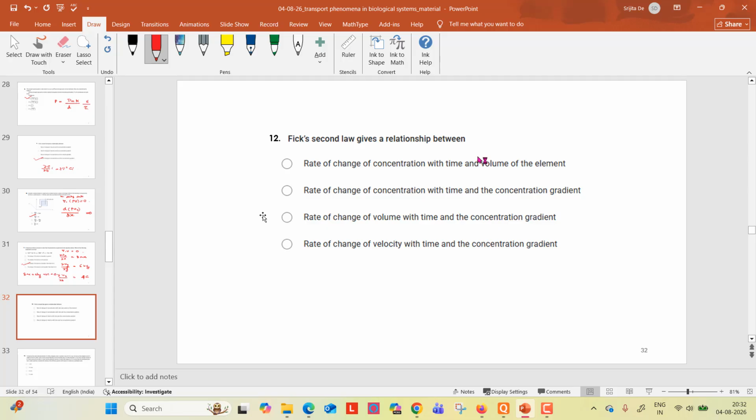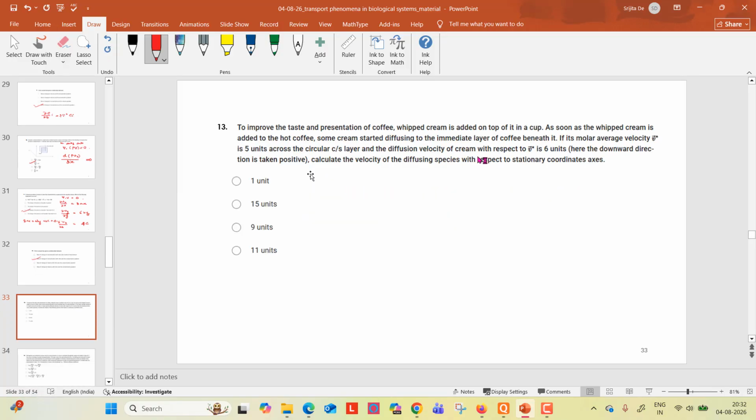So it is the concentration with the concentration gradient. To improve the taste and presentation of coffee, whipped cream is added on top of it in a cup. As soon as the whipped cream is added to the hot coffee, some cream started diffusing to the immediate layer of the coffee beneath it. If its molar average velocity is 5 units, so molar average velocity, similar problem, it is defined as V star equals to 5 unit.